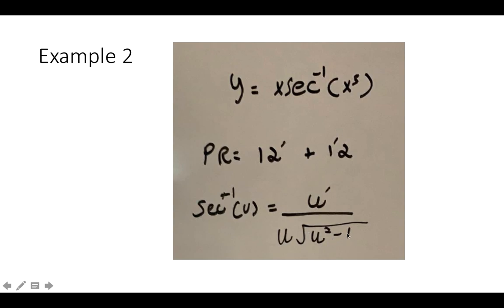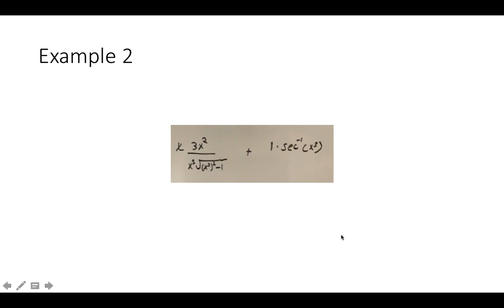All right, so let's plug in our information. Let's get our derivative first for inverse secant. It's going to be u prime, which is 3x squared, divided by u, which is x cubed, times the square root of x cubed squared minus 1. So let's plug everything back in.